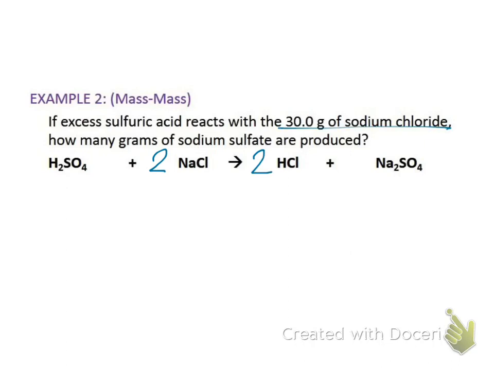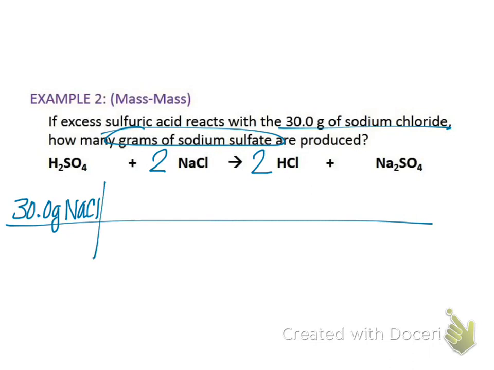I'm going to start with the 30 grams, and we're looking for grams of sodium sulfate. That's what we're going to try to go for. So we'll say 30.0 grams of sodium chloride. We need to do what next? Convert to moles using the molar mass. Good job.